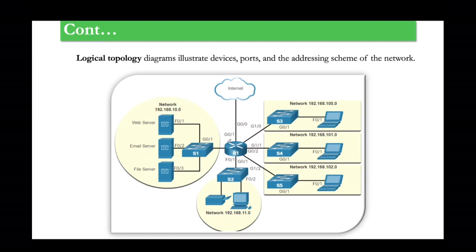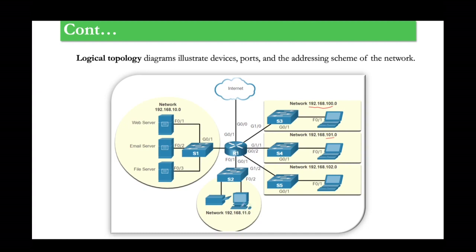Similarly, the classrooms are identified with their network addresses. The first three bytes, like the first computer is located at 192.168.100, the second one at 101, the third one at 102, and the printers are located at 192.168.1.